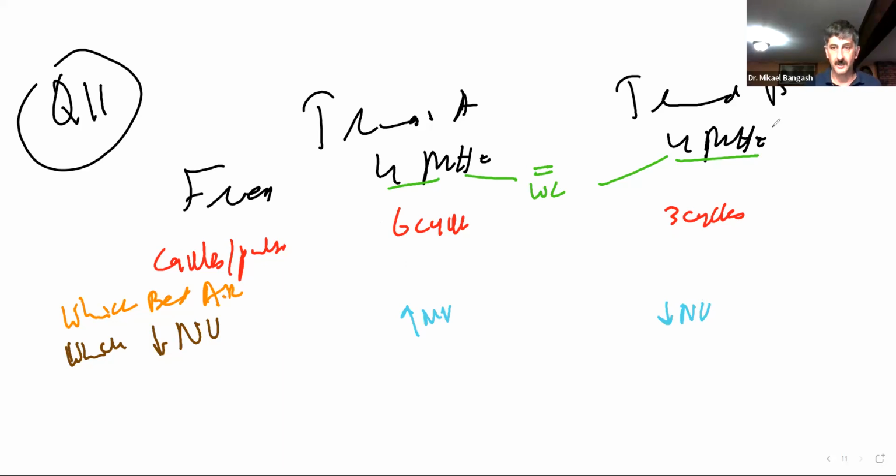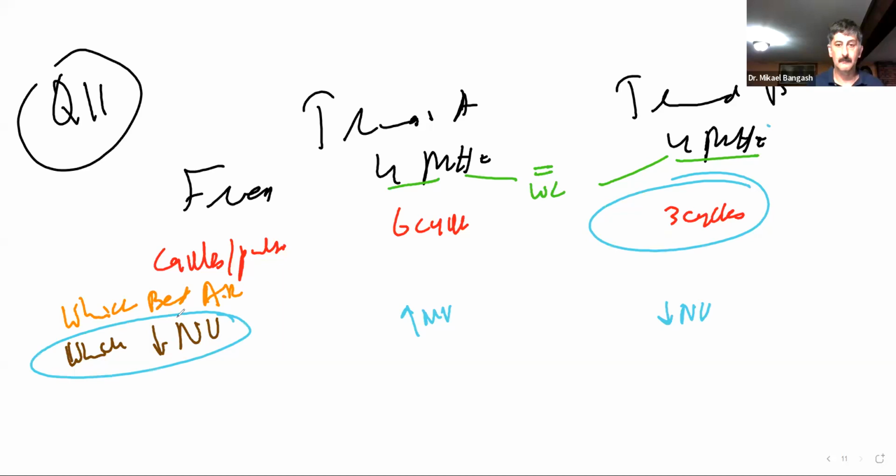So it's this transducer here, the 3 cycles transducer, which has the lower numerical value, and that will also be the one with the best axial resolution.